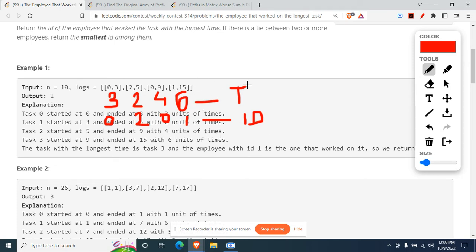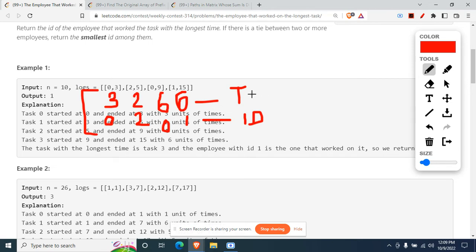So how can we actually get our answer? We can just sort this time array that we created, and we look at the one having the highest or longest time, and we return its ID. But what if we have some conflict here? Let's say for this instance that this is also 6 and the ID is 0.